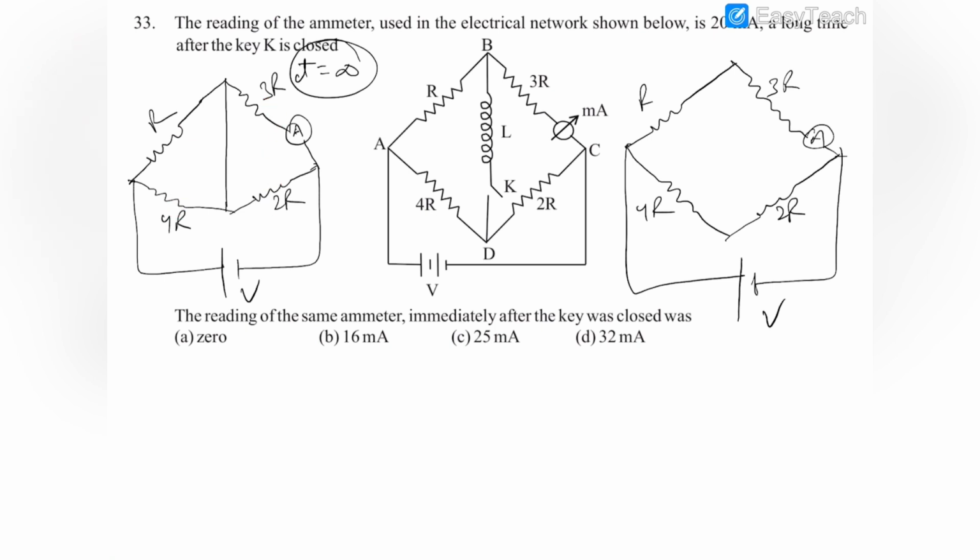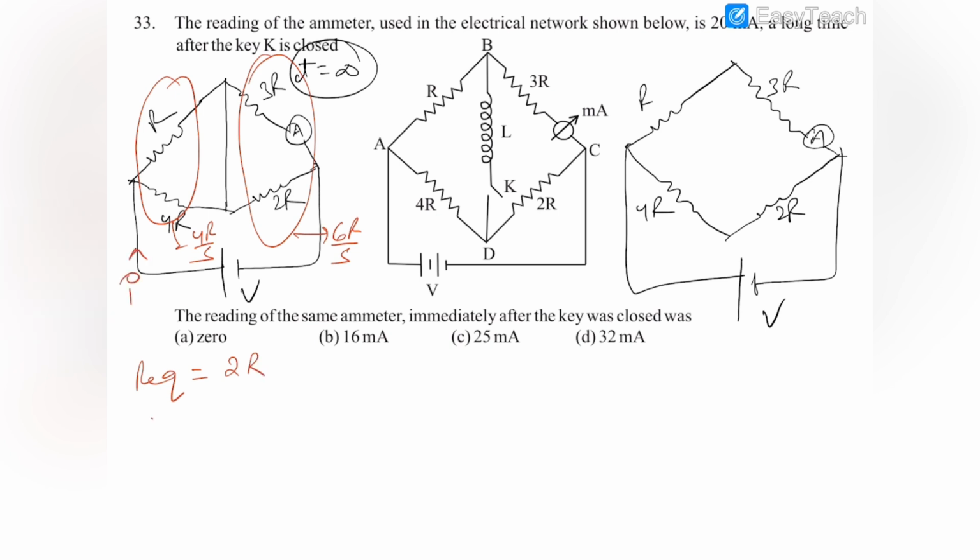The equivalent of this resistance is 4R by 5, and the equivalent of this resistance is 6R by 5, and the R equivalent of this circuit is 10R by 5, which is 2R.